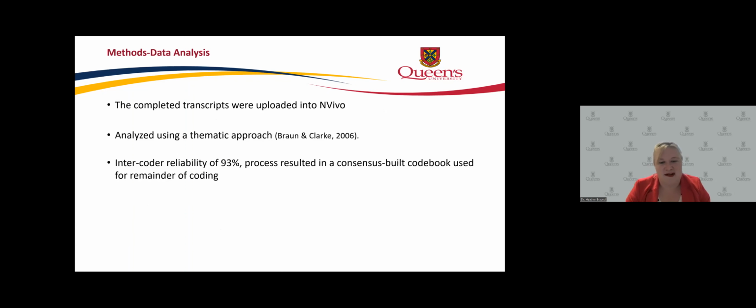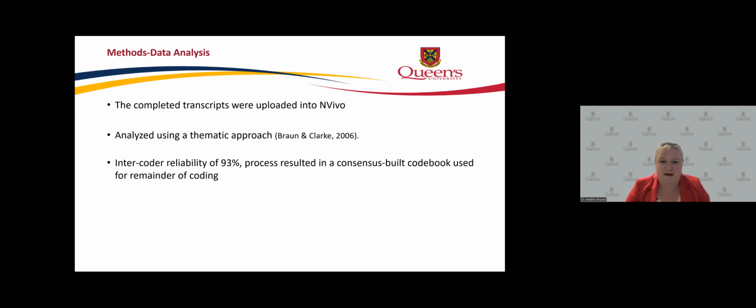So the completed interview transcripts were uploaded into NVivo version 12, and we analyzed them using a thematic approach. And we also wanted to ensure that we had an appropriate level of intercoder reliability. So for this process, we had another researcher who coded a sample of the data independently, and then they met with us and we went through line by line and compared.